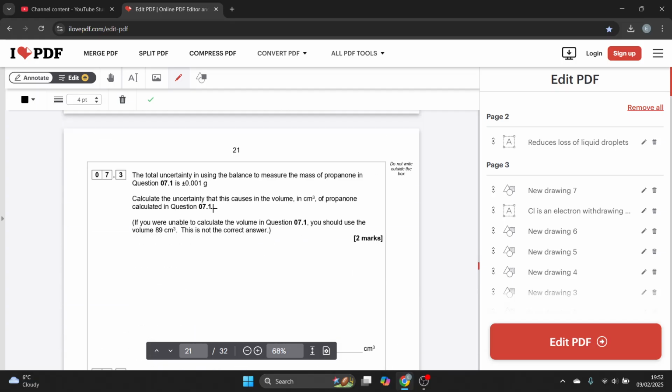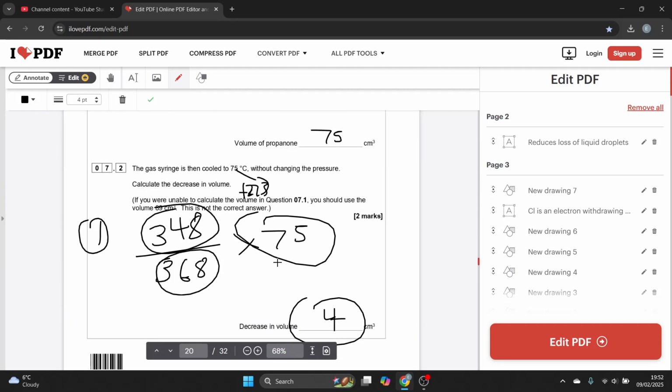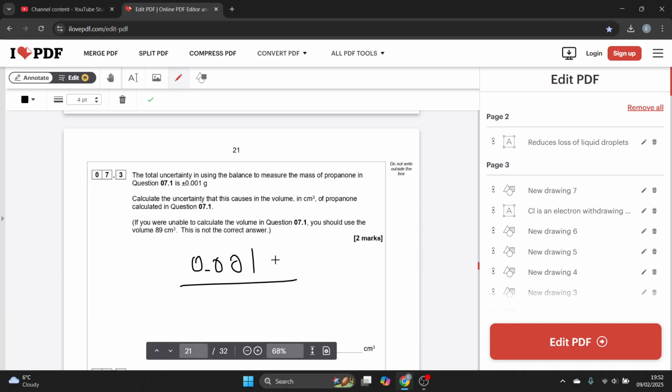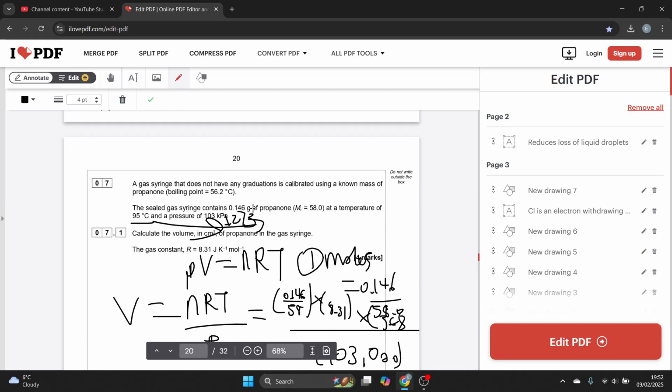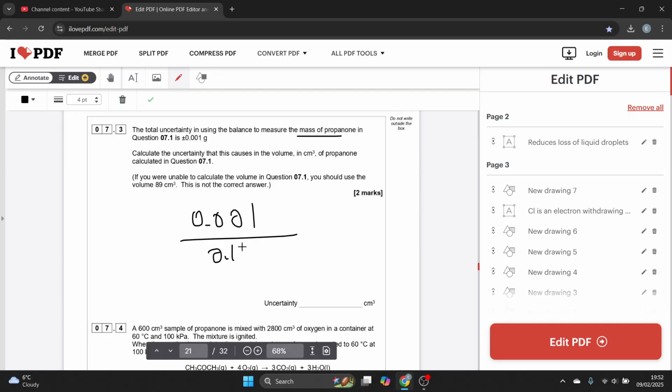Calculate the uncertainty that is causing the volume in centimeters cubed of propanone. The total uncertainty to measure the mass is 0.001 grams. Question 7.1. In the mass, the mass of propanone is 0.146. So I can use this to find the percentage uncertainty as 0.685%.